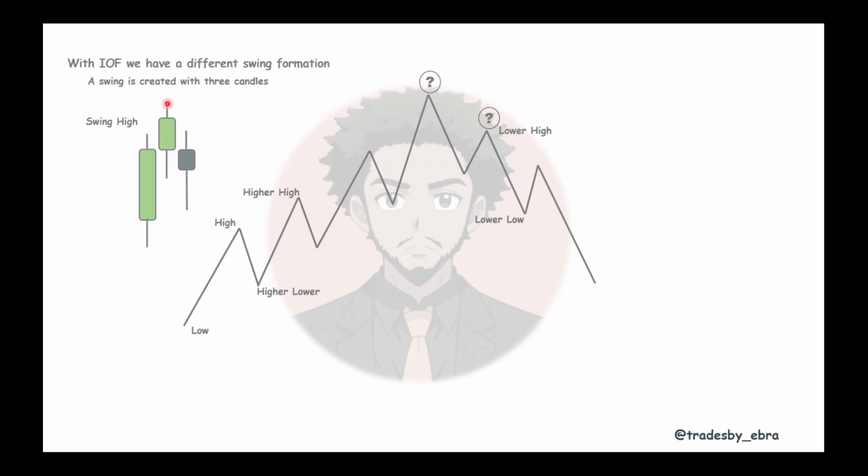So this is a higher high, with these 3 candles. This high is higher than the 2 candles around it. So even if this candle made relatively equal highs, I'm not trusting this as a swing high.